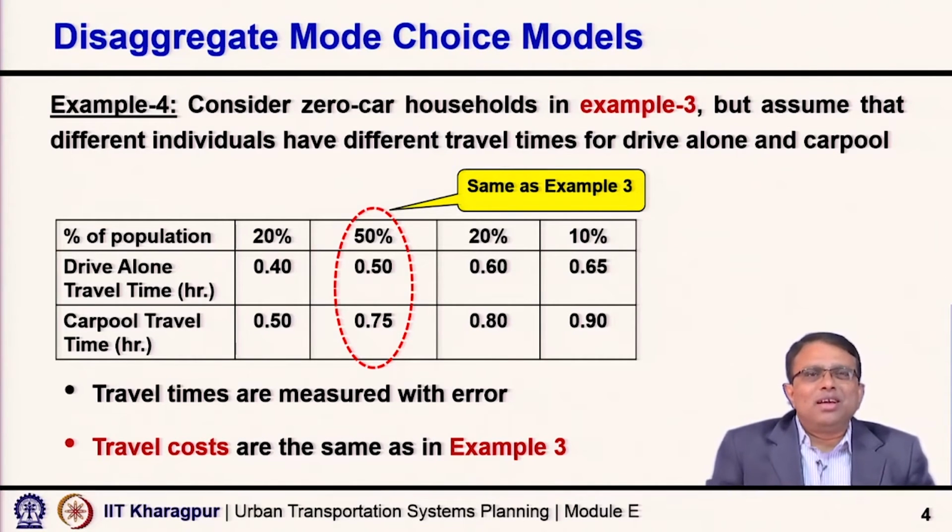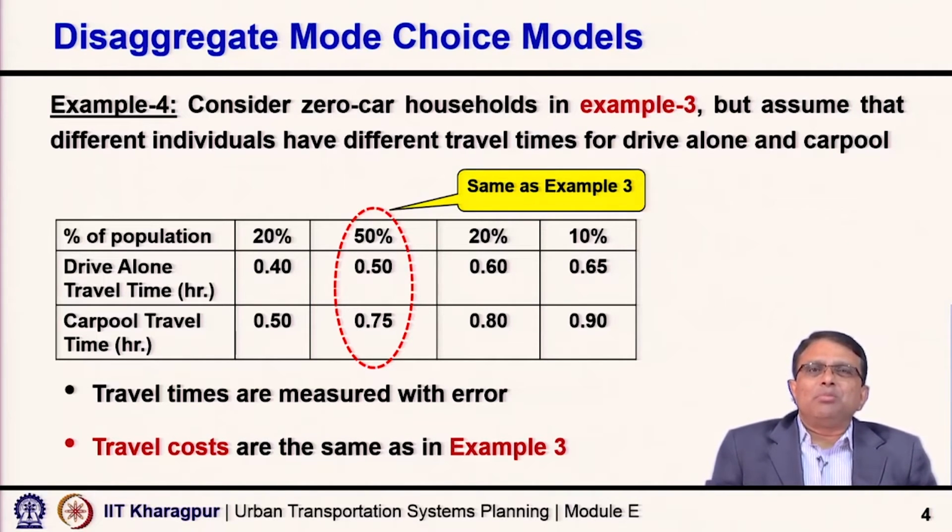So, let us consider maybe for 20% people the respective travel times are 0.4 and 0.5. For 50% it is, as per what you considered earlier, zone centroid to zone centroid, 0.5 and 0.75. Maybe for 20% people the travel times are 0.6 and 0.8 hour respectively, and for 10% it is 0.65 and 0.9, depending on within that same zone where they are located.